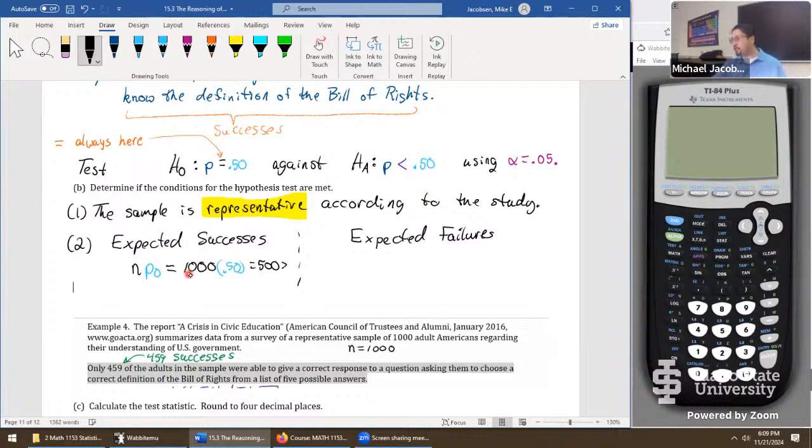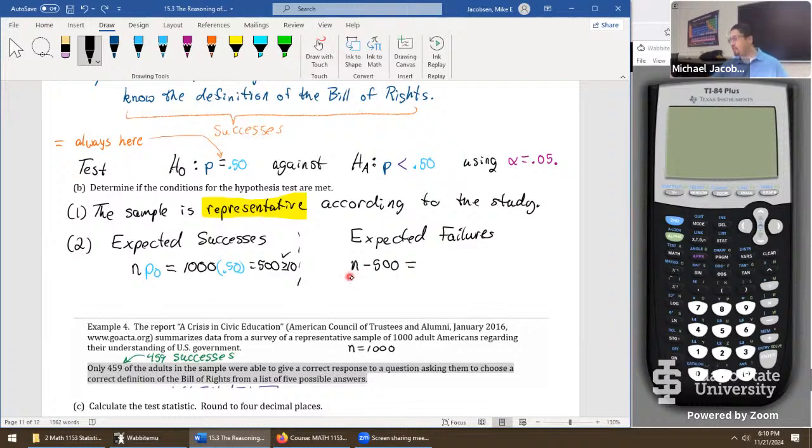We have 500, which is definitely greater than or equal to 10. So we meet that benchmark. If we have 500 over here, then expected failures is exactly 500 as well. Let's write it down just for the sake of the notes. N minus the successes we found, which is going to come out as 500. Actually, let me add just a little bit more detail.